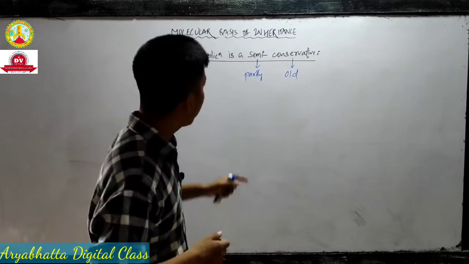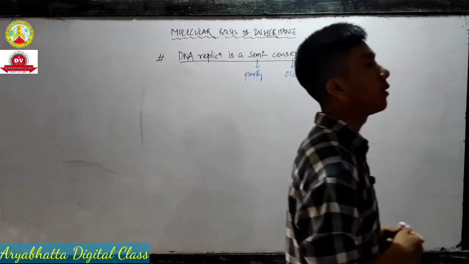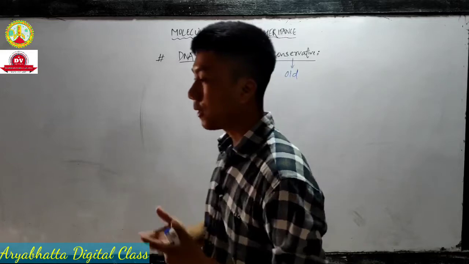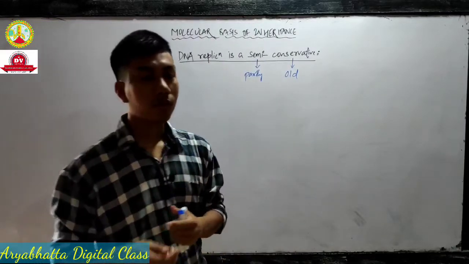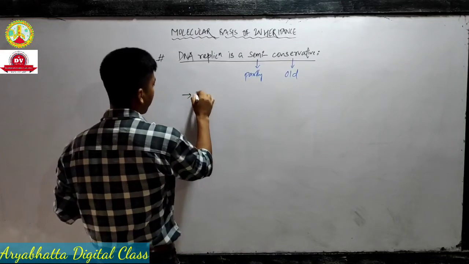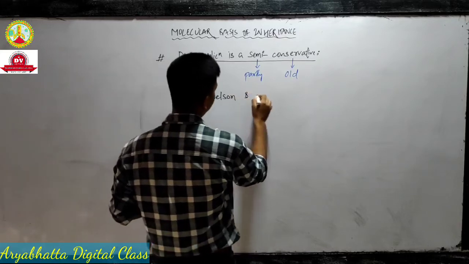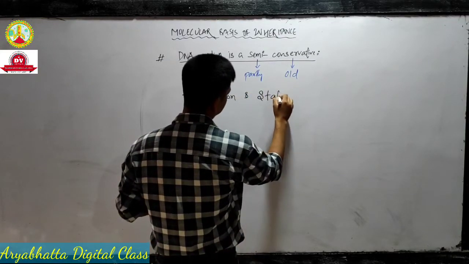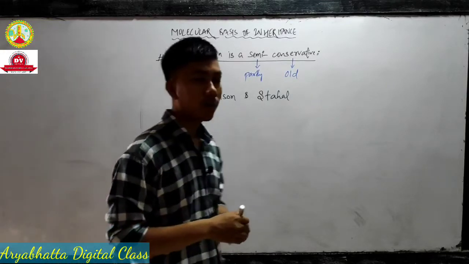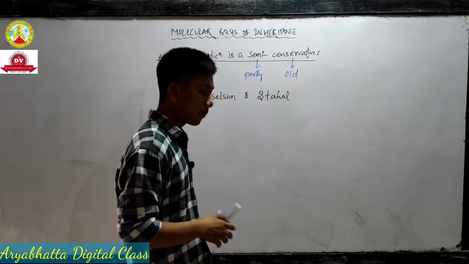Okay, and that DNA replication is semi-conservative was first explained by two scientists, Meselson and Stahl.